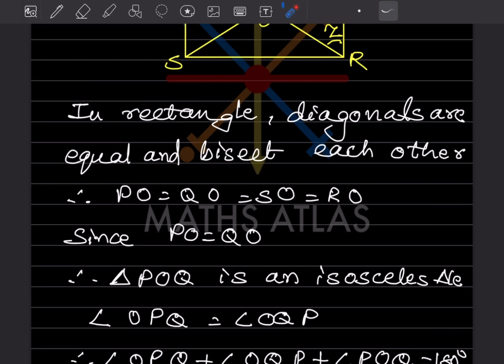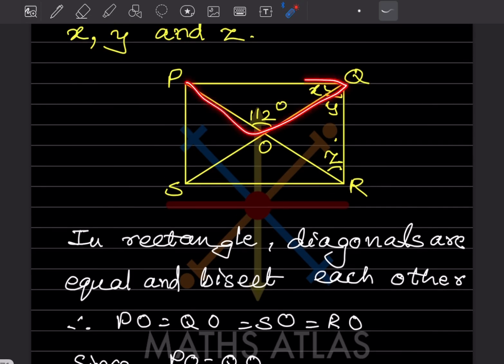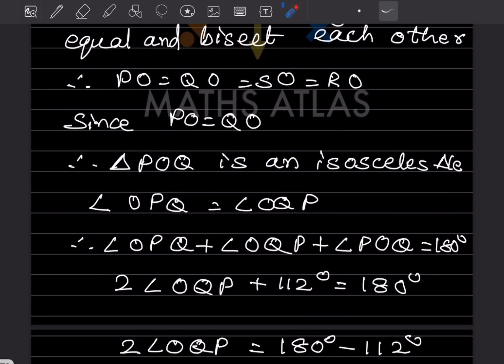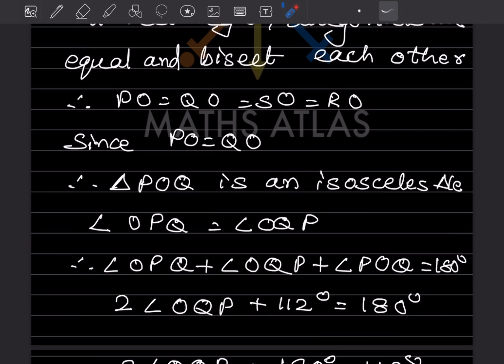Now angle OPQ plus angle OQP plus angle POQ should be 180. We know OPQ is equal to OQP, so in place of OPQ we can write OQP.